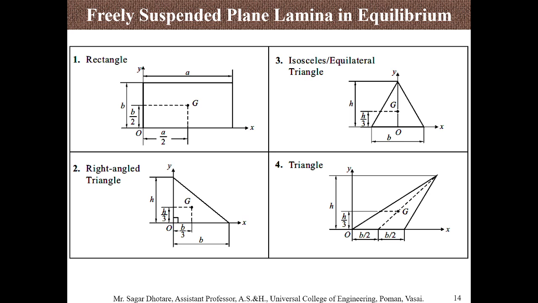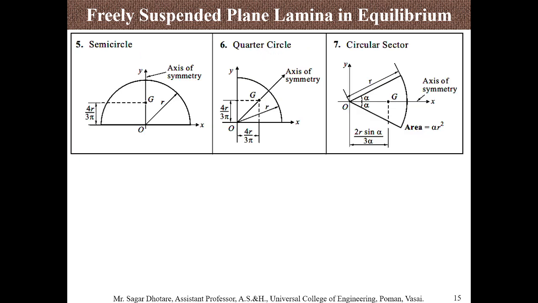For a right angle triangle, you need both x and y values. The x coordinate x bar is equal to b by 3, and the y coordinate is h by 3. For a triangle which is not equilateral but still symmetrical, the value of x bar is again equal to 0, and you can directly use y bar equal to h by 3.